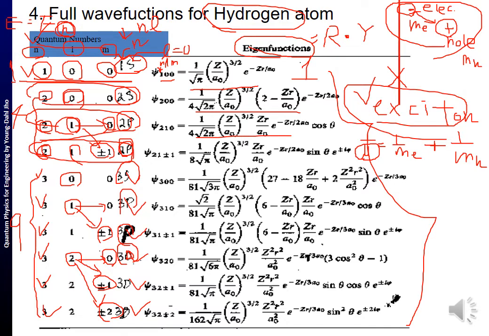So here you have one quantum state with certain energy E1. Here you have 4 different states with certain energy E2. Here you have 9 different states with the same energy E3.